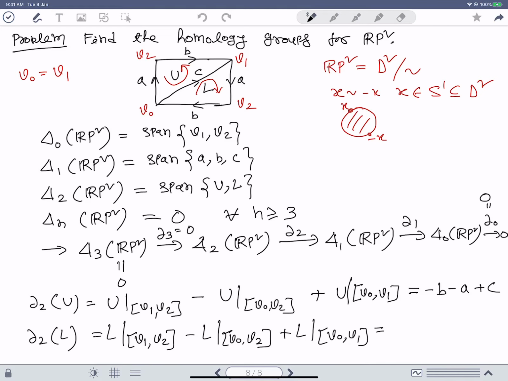L restricted over V1, V2 is positive a, so plus a. Then V0, V2 is minus b, and with the minus sign in front, minus of minus b gives plus b. Now L restricted over V0, V1 is c, so plus of plus c gives plus c.